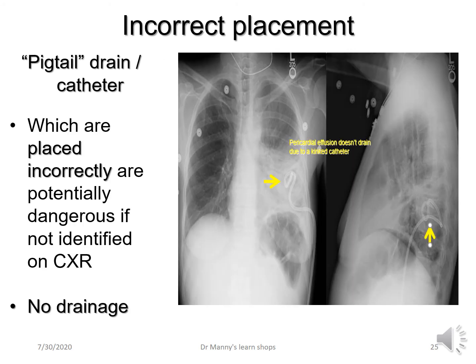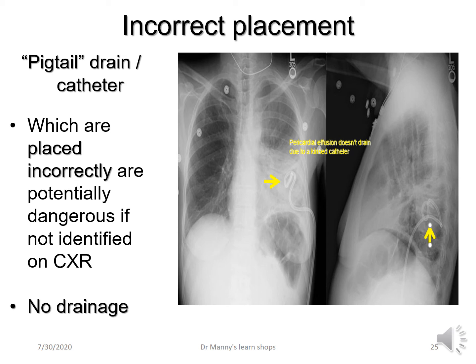Incorrect placement of a pigtail drain, basically the same. If it's not doing what it's supposed to be doing, it probably shouldn't be there, as with everything. If you've got an invasive line going into the body, they all have potential complications or hazards associated with them. So a pigtail catheter, which is placed incorrectly, is considered to be dangerous and can be identified on chest X-ray, but more importantly, there's no drainage.